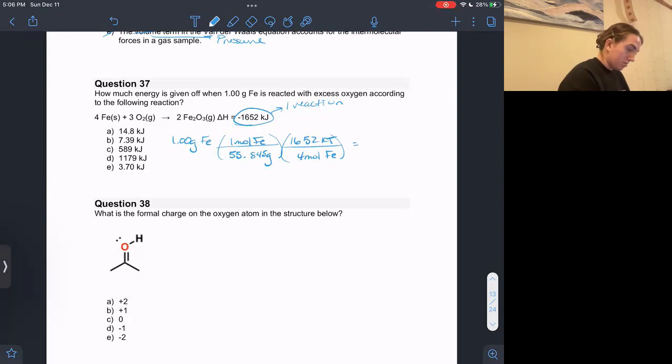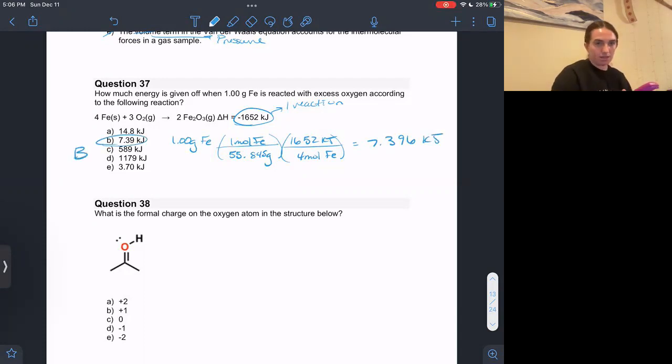So 1.00 times 1652 divided by 55.84 divided by 4. So I get 7.396 kilojoules, which looks like B.